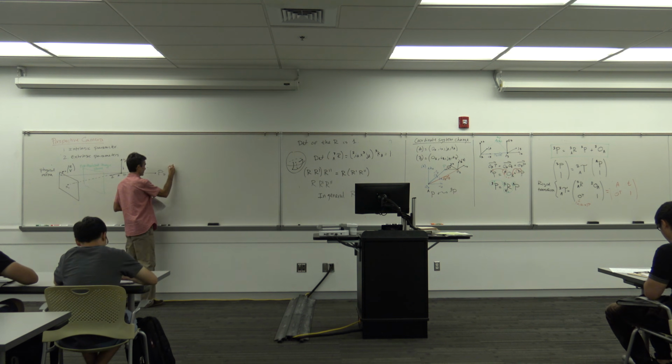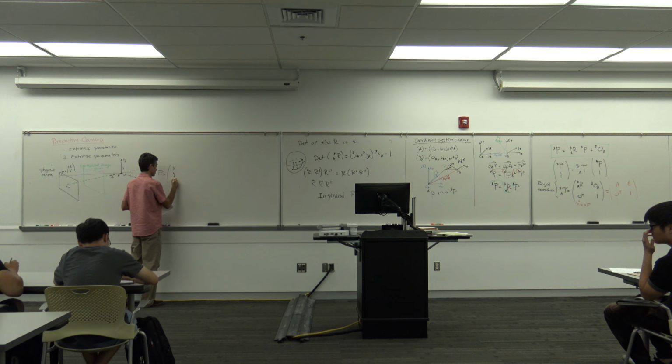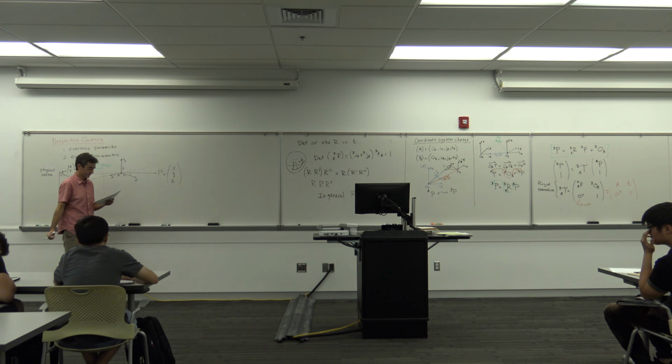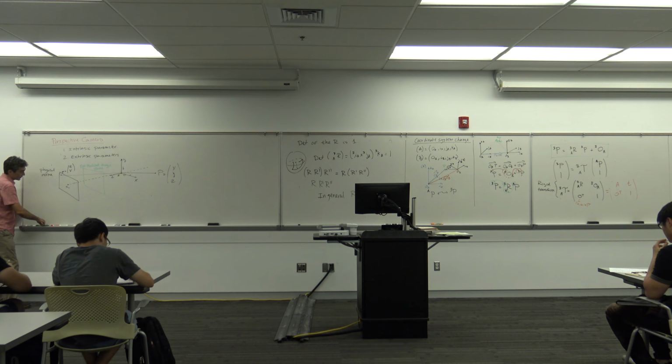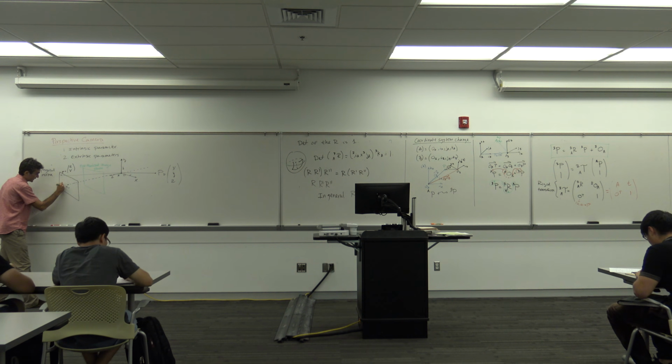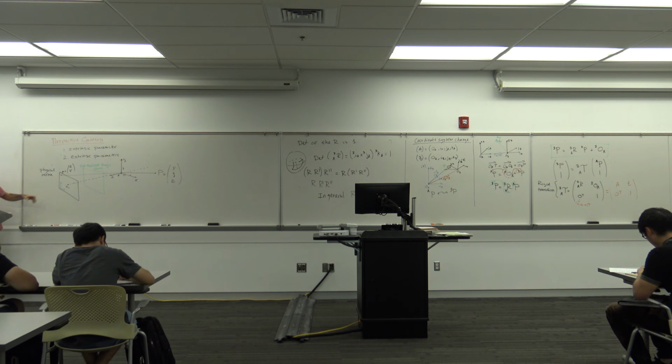And this was X, Y, Z. Now, this image plane is defined by two basis vectors, right, that define the physical retina.